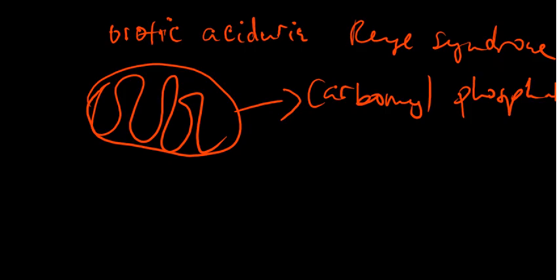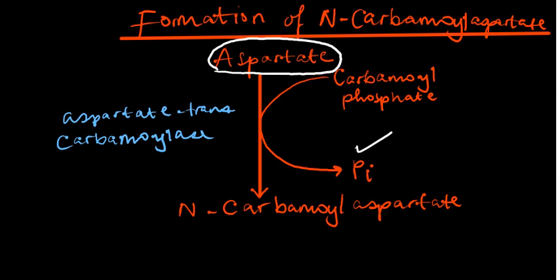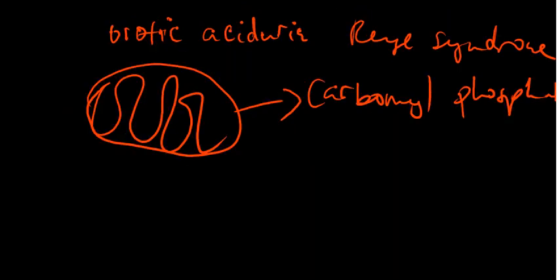Let me just show you the first reaction we talked about, which was about making the N-carbamoyl aspartate. One of the things that I used to make it is carbamoyl phosphate. Now carbamoyl phosphate is going to be affected due to orotic aciduria. All right.